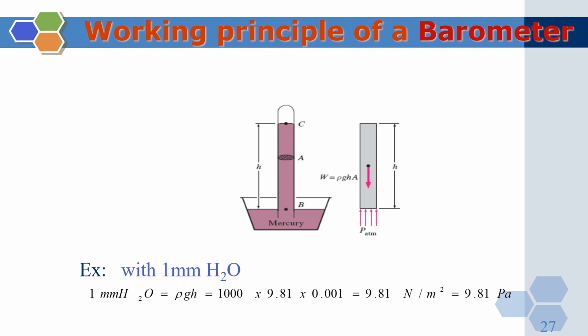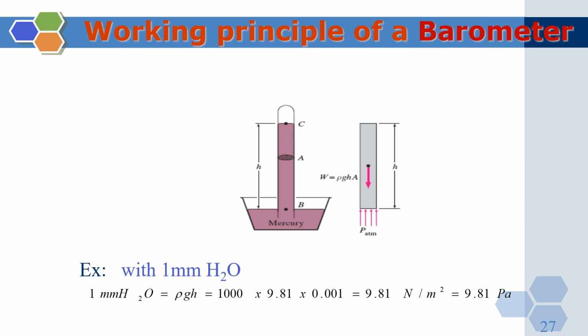In this case, rho is the specific weight, or what we call the density. g is the gravity acceleration, and h is the height of the column here.